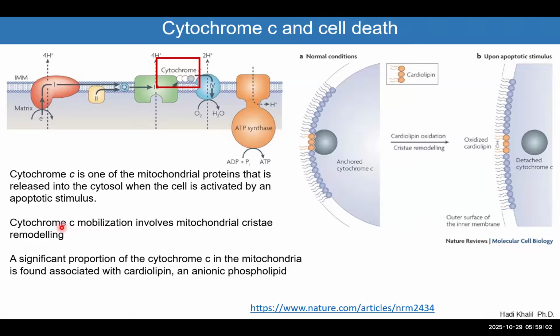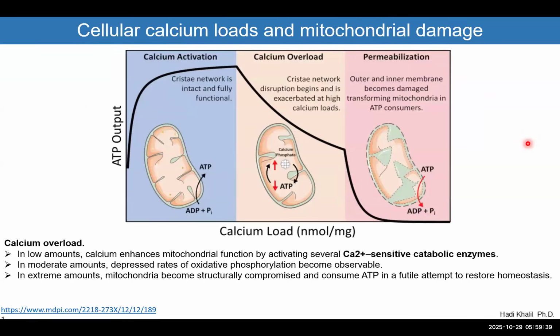It involves remodeling of the cristae. So this curvature of the mitochondrial membrane has changed to a more straight line-like. And therefore, these dentations now cannot hold cytochrome C, and that's why it's released from the mitochondria. So this is one of the aspects of triggering cell death, and we will come back to this at the end when we describe apoptotic signaling.